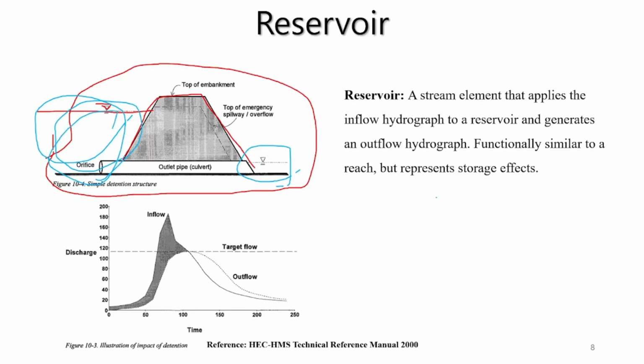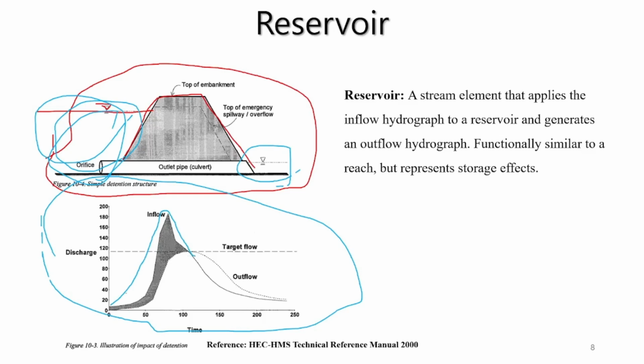If you see the illustration below, we have a discharge hydrograph down here. We have the water flowing in, and normally the discharge hydrograph should look like this. It looks sharp, but because there's a reservoir blocking the inflow, now it looks like this.